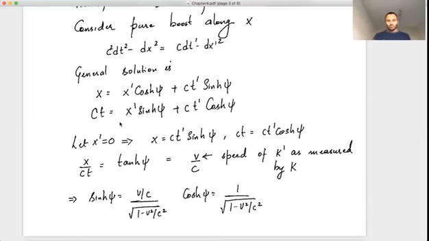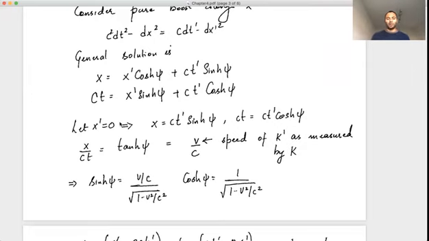Now, you can get a few other properties here. You can always work with hyperbolic functions, but it turns out that it has a much simpler geometric form, and you can derive it. You can put x prime equal to 0, and you basically get x equal to ct prime times sinh psi from the first equation.